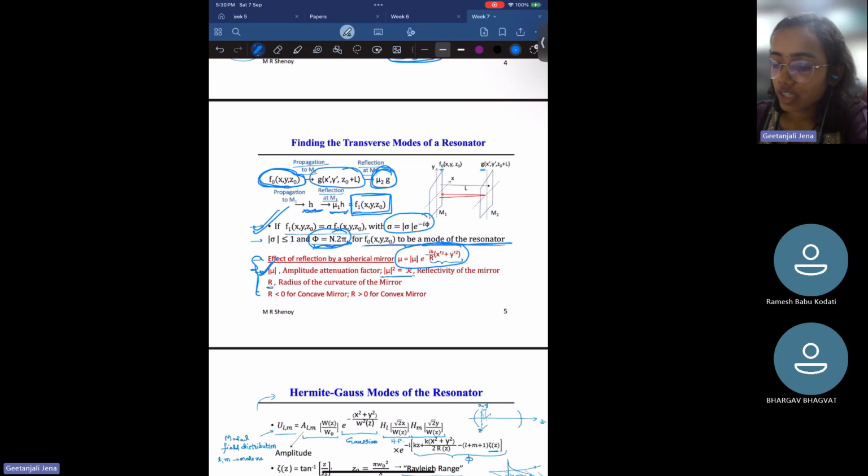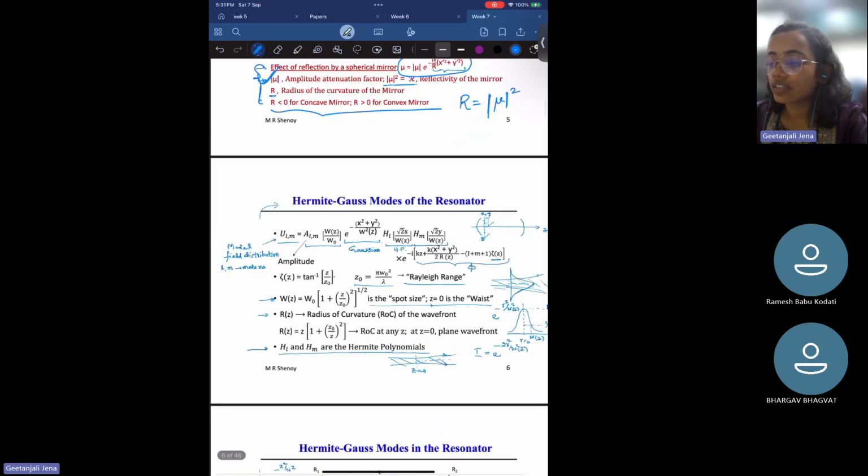And mu is the amplitude attenuation factor, which is related to the reflectivity of the mirror. So reflectivity is nothing but mod mu square. This we have already seen before. For a concave mirror, we have r less than 0, and for a convex mirror, it is greater than 0.